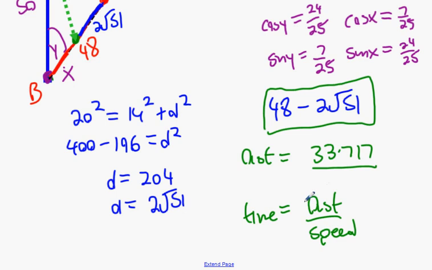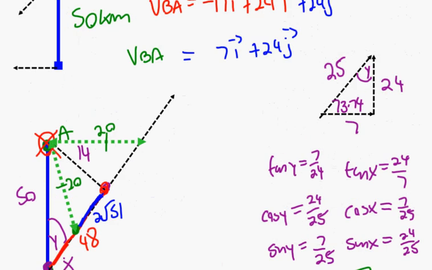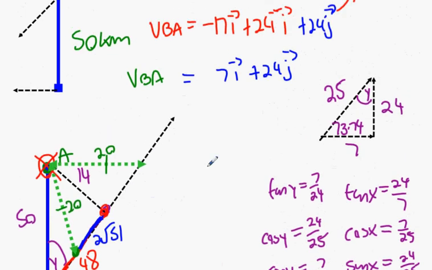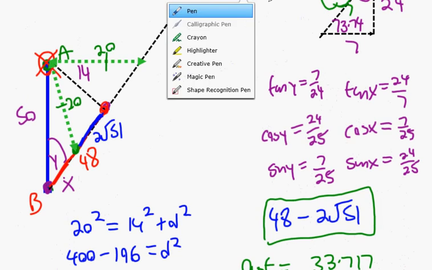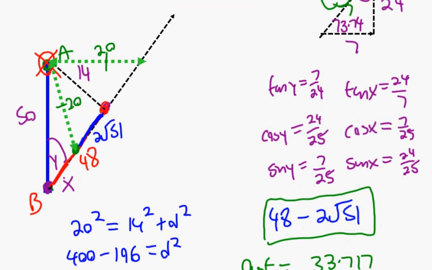Okay? So what we're going to do here is this. We have to find out how fast we're going. Remember we did it earlier. 7 and 24 gives you a hypotenuse of 25. This means that this line here, I'll make it really obvious, you're going 25 in this direction.